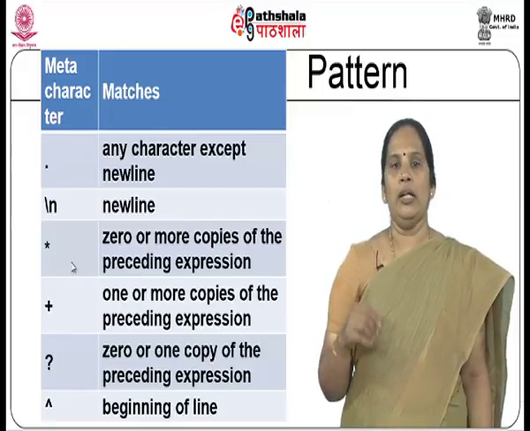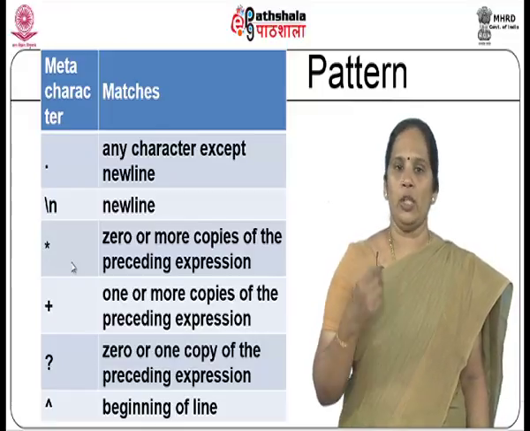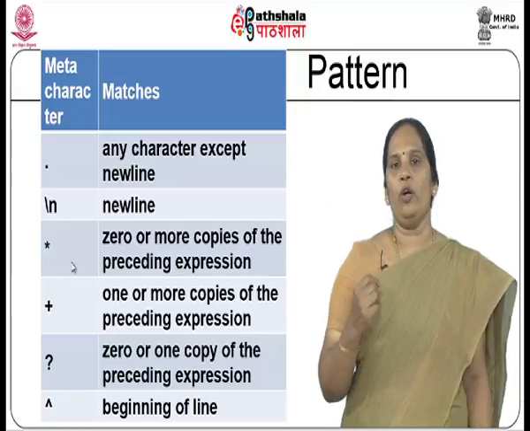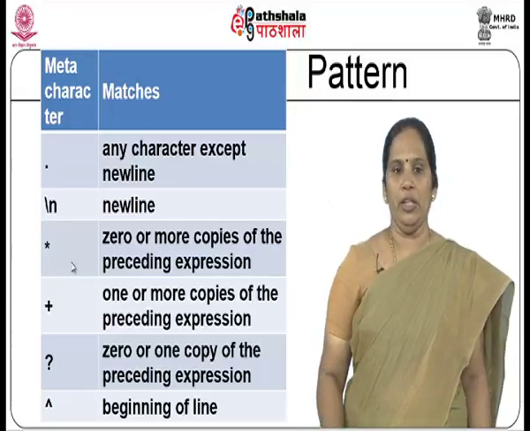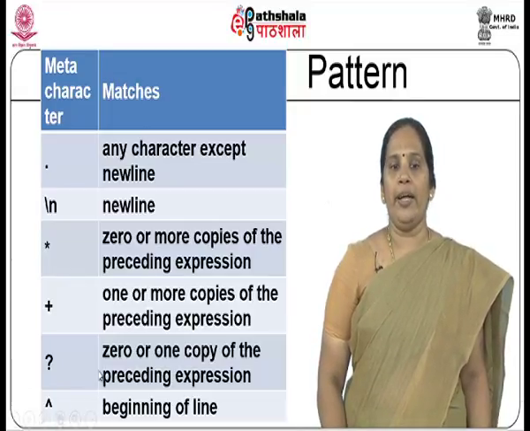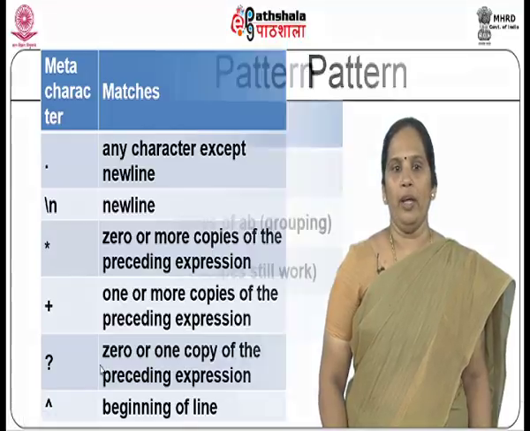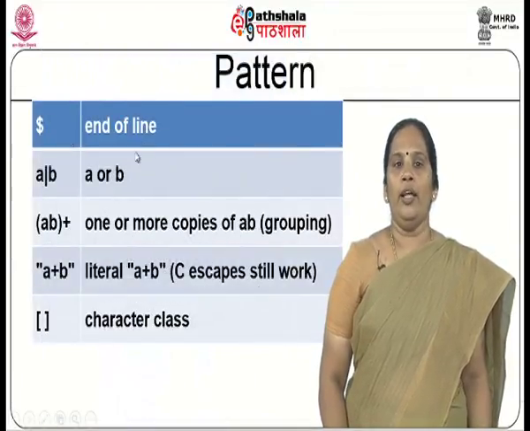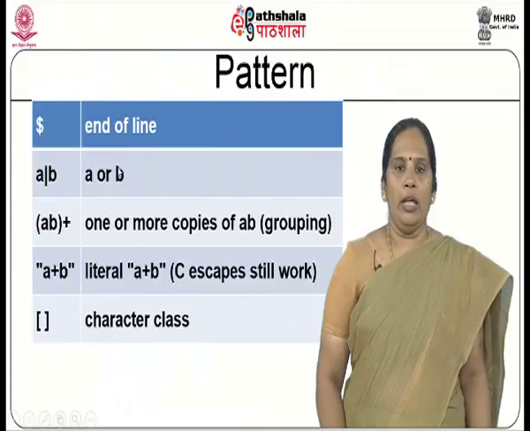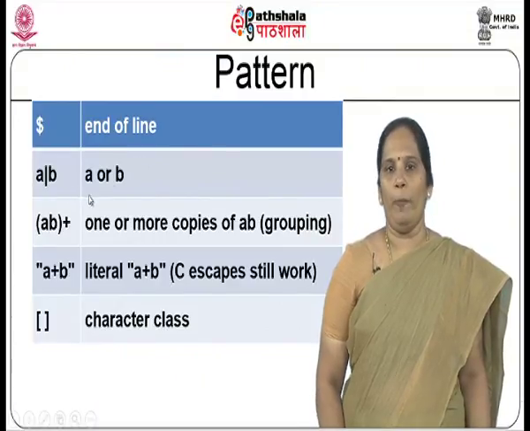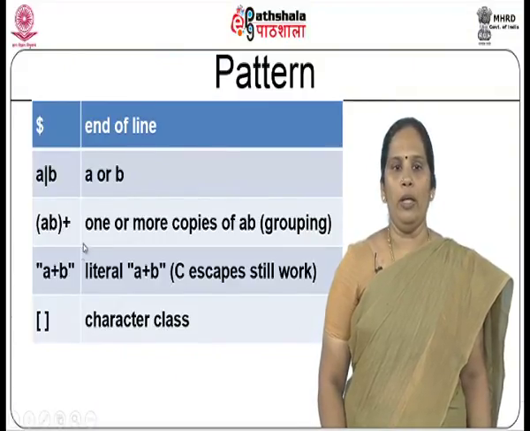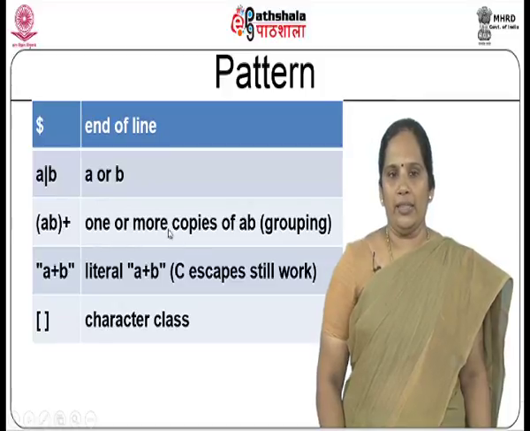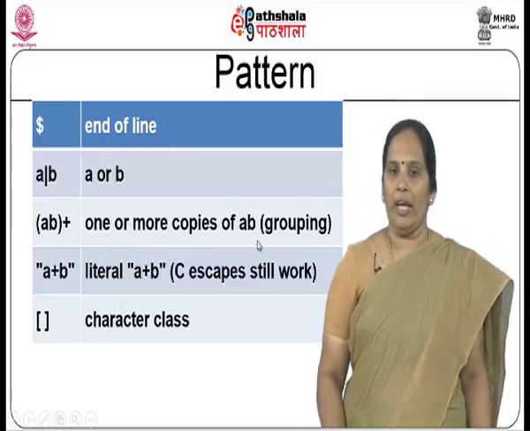Question mark is a special regular expression operator, which we have also seen, meaning 0 or 1 copy of the preceding expression. Then caret indicates the beginning of a line, and dollar indicates the end of a line. A|B is the same operator we already know as A or B, and (AB)+ is an example of 1 or more copies of AB together.